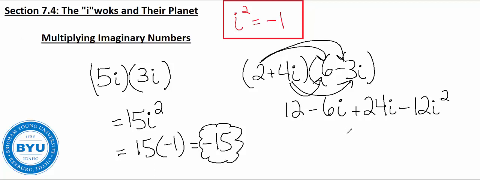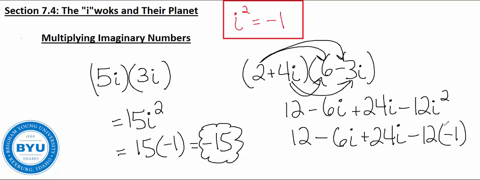Now again, don't forget, anytime you write i squared, you have to write a -1. So this is going to be 12 minus 6i plus 24i minus 12 times -1. See how I'm writing a -1 here? Anytime you have i squared, by definition it is -1.